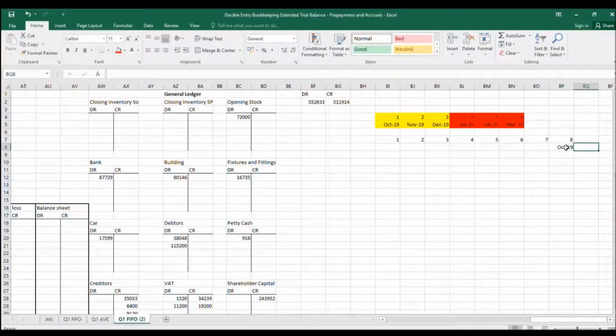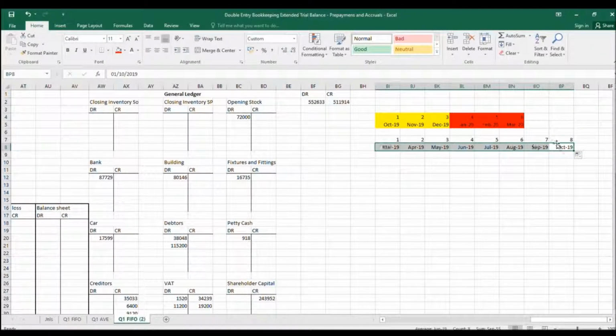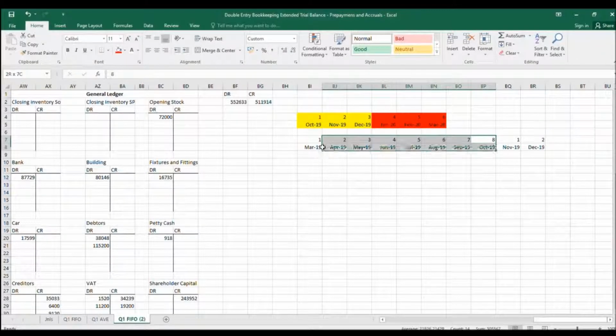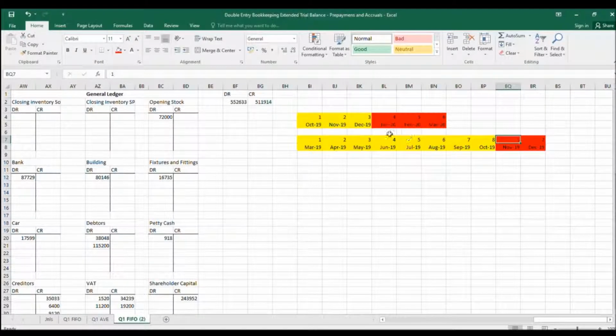We need to get to the end of the year. So how many months do we need to take it to get to the end of the year? 2 months in here. So the amount that we need to add on here is going to be a quarter, so 2/8 of this invoice.